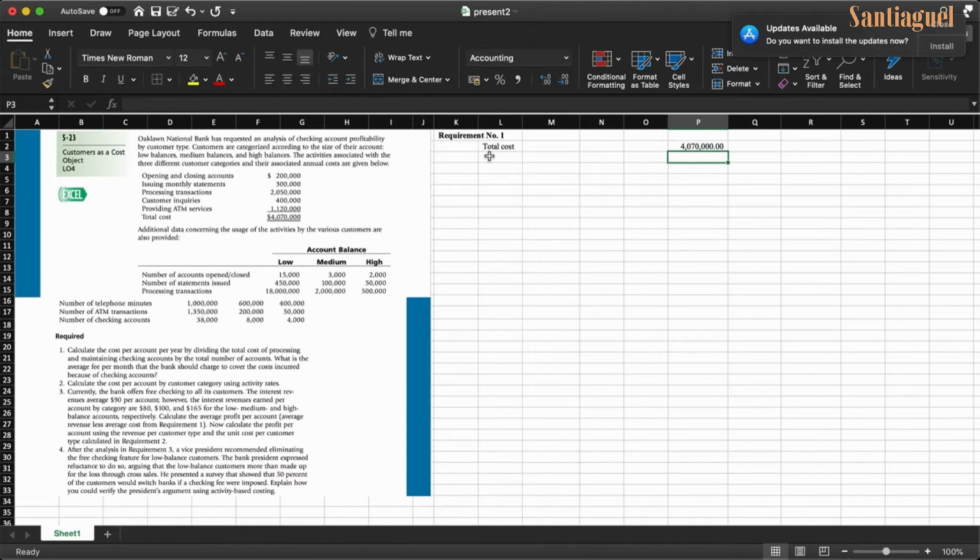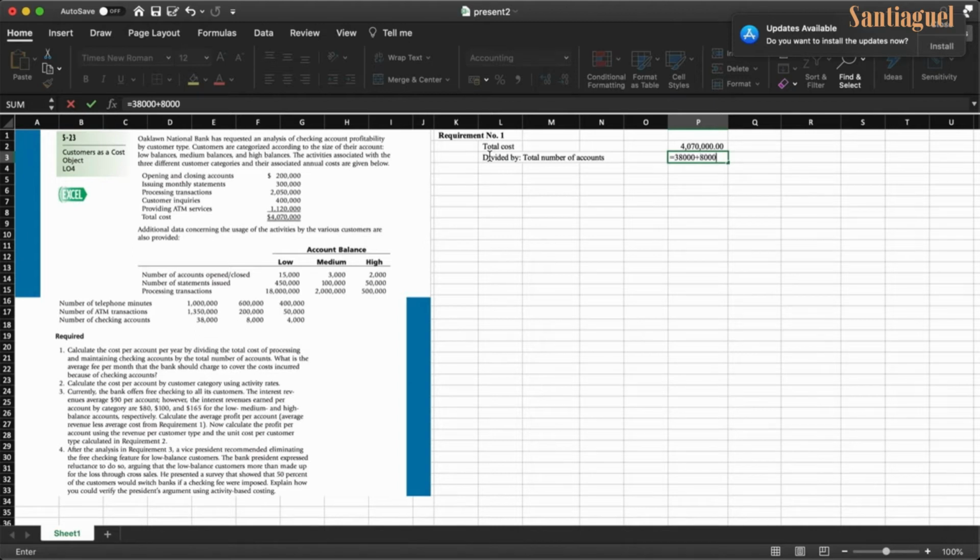For the first requirement, we are asked to calculate first the cost per account per year by dividing the total cost of processing and maintaining checking accounts of $4,070,000 by the number of accounts from low, 38,000, from medium, 8,000, and high, 4,000, or a total of 50,000.